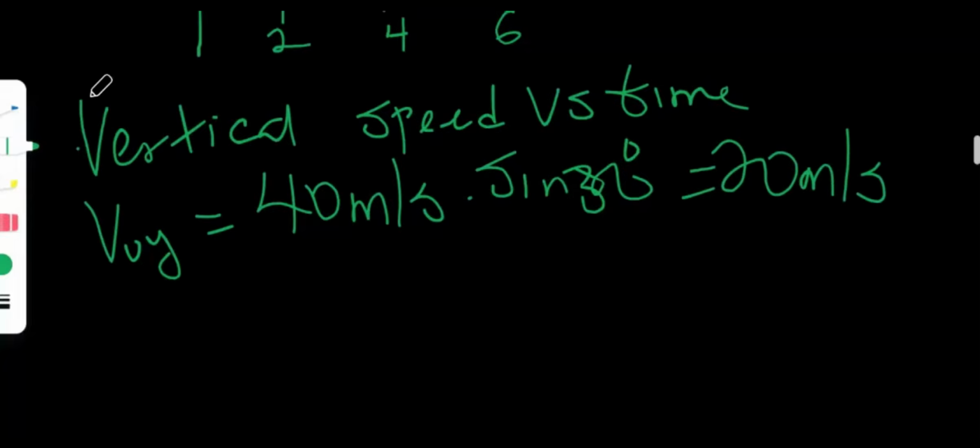So in the vertical direction, there is a constant acceleration due to gravity. We know that the acceleration a is 10 meters per second squared.